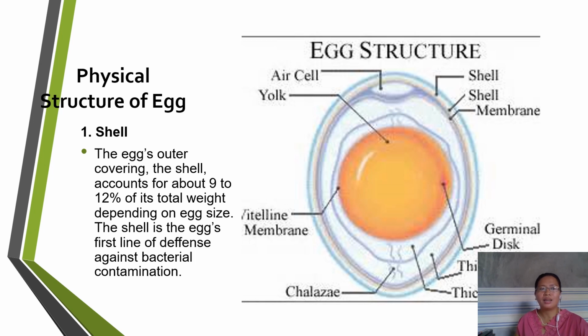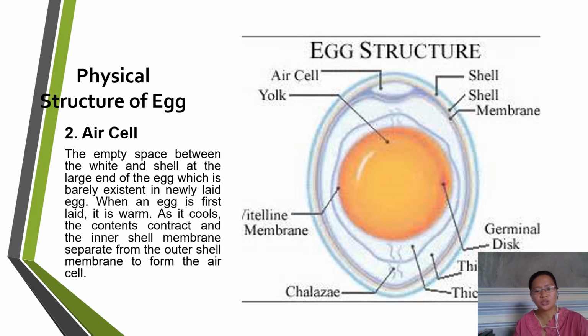So, kapag ang isang itlog ay napasukan na ng hangin, definitely, ang result nun is magiging bulok na siya kasi meron ng hangin sa loob. So, as you can see, it's the eggshell.